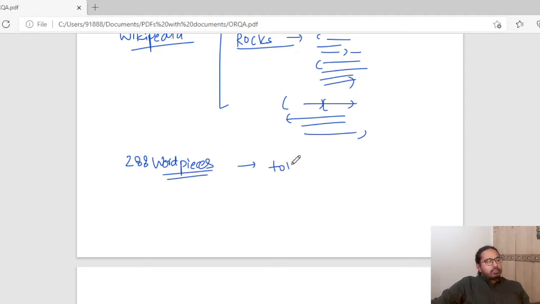Word pieces are the tokens that are built using the byte pair encoding algorithm, and they don't necessarily mean the traditional word tokenizers that we had, where each word is a separate token, and for each of the possible words we have a separate vocab entry or an embedding in the token embeddings.